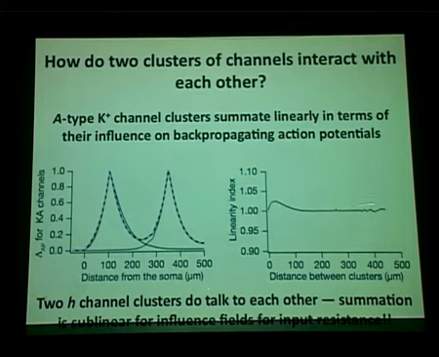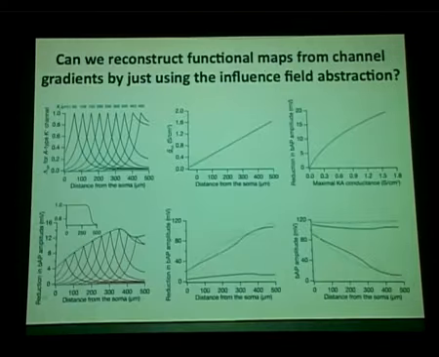So we took advantage of this linearity and asked the question that I posed a few minutes ago: you are trying to find out the influence of the spread, as opposed to the influence of the ion channel sitting at that specific location alone. Which one is more? We put together a simple convolution kind of system, where we took the influence fields at various different locations, and we had a gradient of A-type potassium channels.